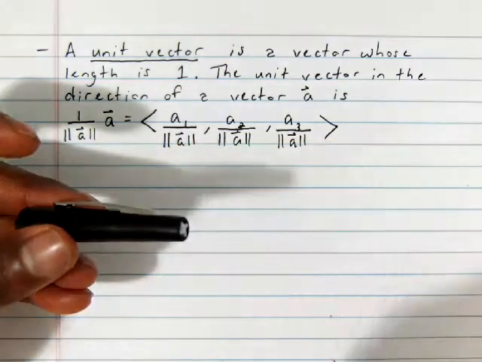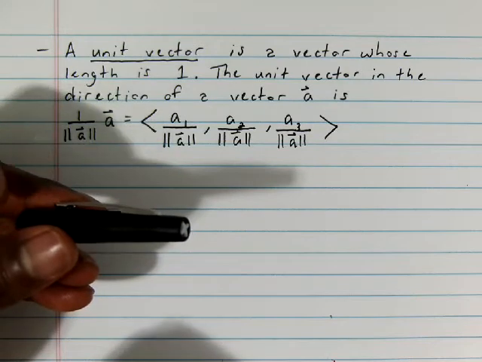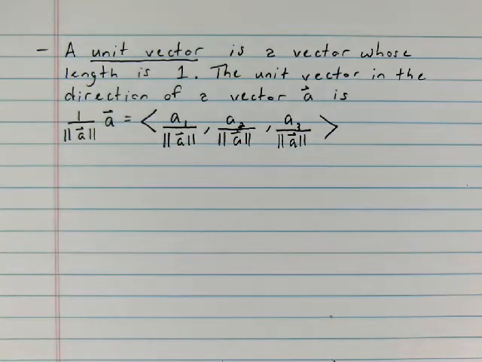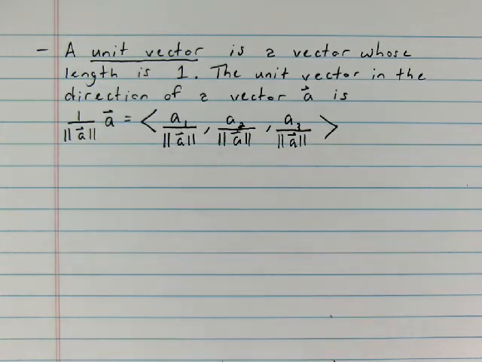I get this new vector, which has length 1, but points in the exact same direction as the original vector. So oftentimes we want a unit vector, and this is how we compute a unit vector given a vector A in the first place.